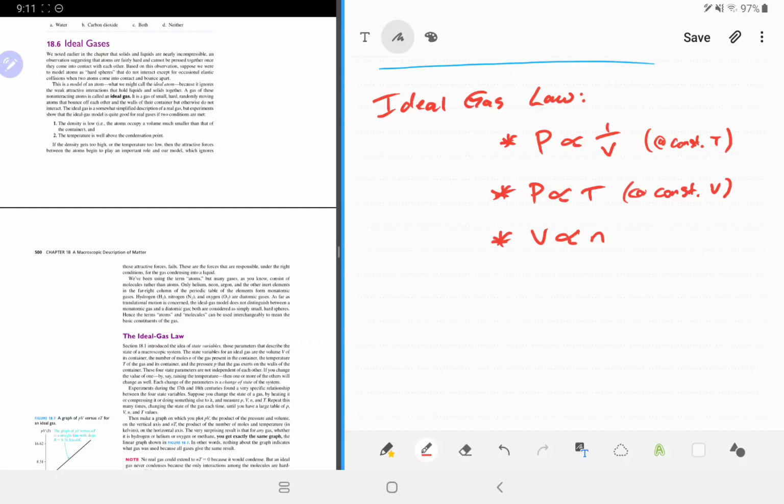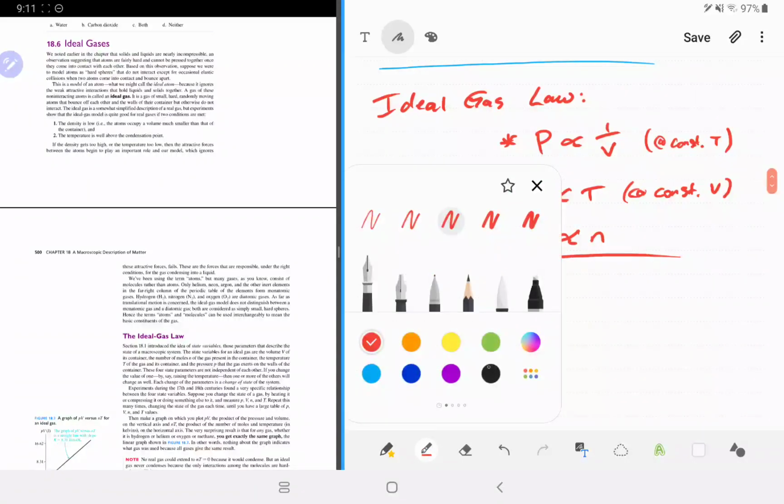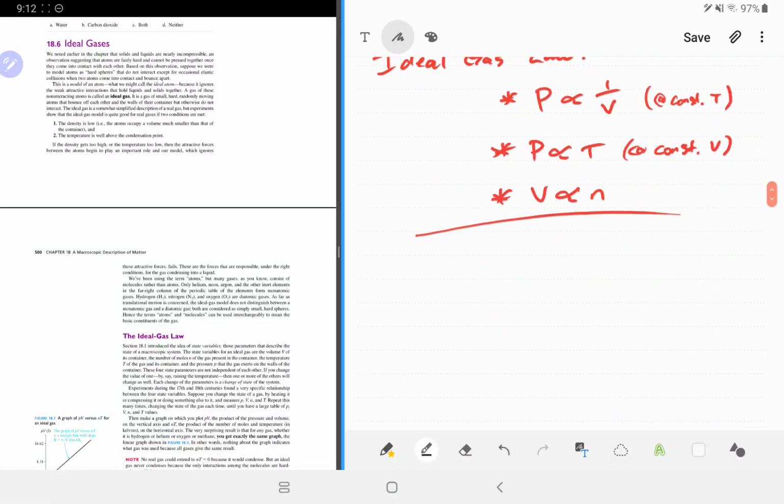So you can consider the ideal gas law as just being a combination of these formulas. Overall, we get pressure times volume is proportional to n times T. We can simply make this an equality by introducing a constant.